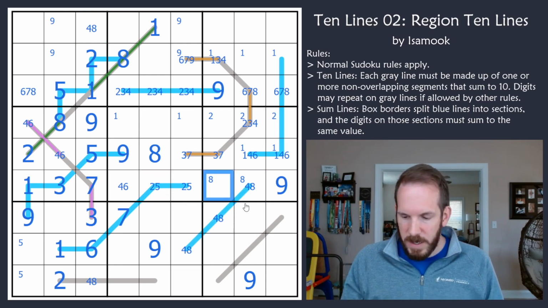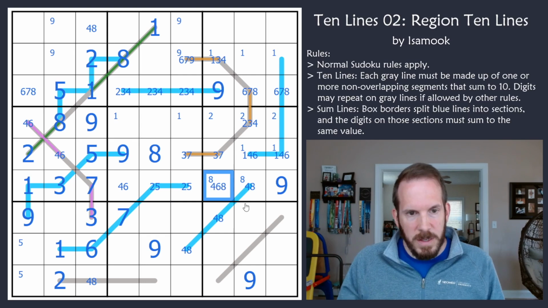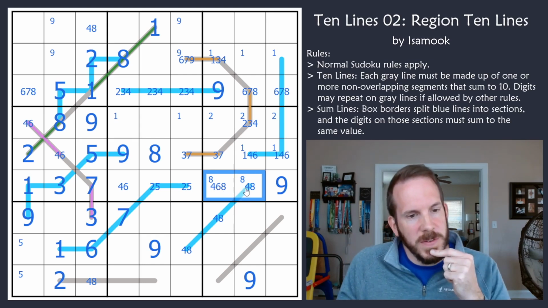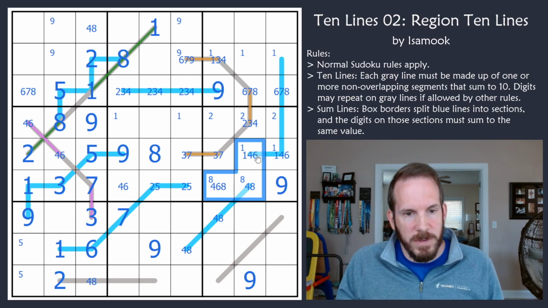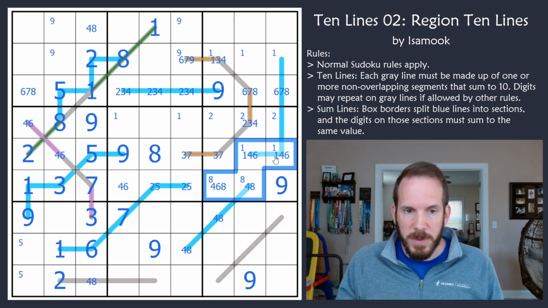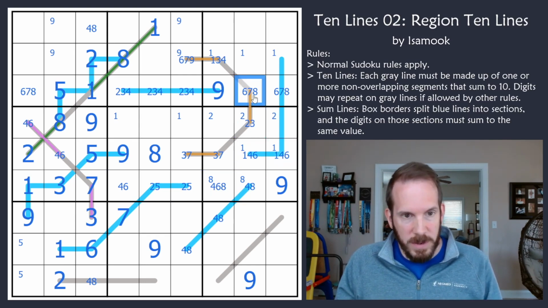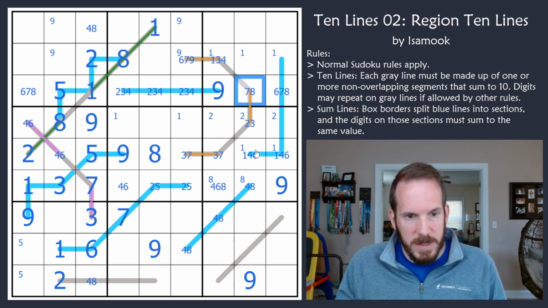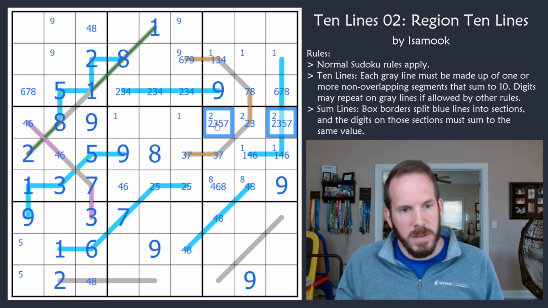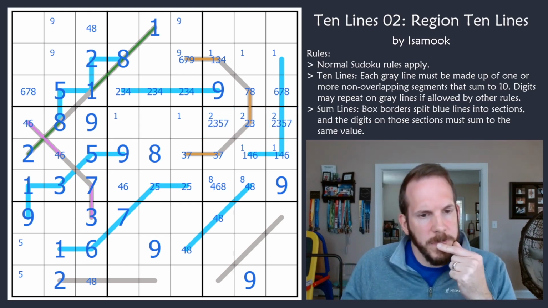This is 4, 6, and 8. Which gives us, for the row, a 1, 4, 6, 8 quadruple. So this can't be 4, this can't be 6. So these are 2, 3, 5, and 7. I guess I'll pencil mark that in case we need it.